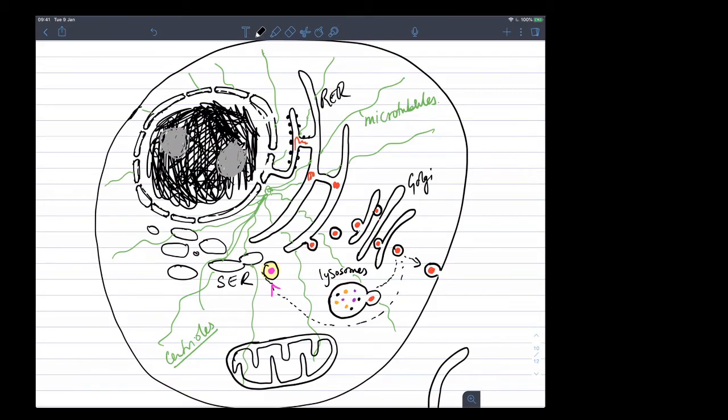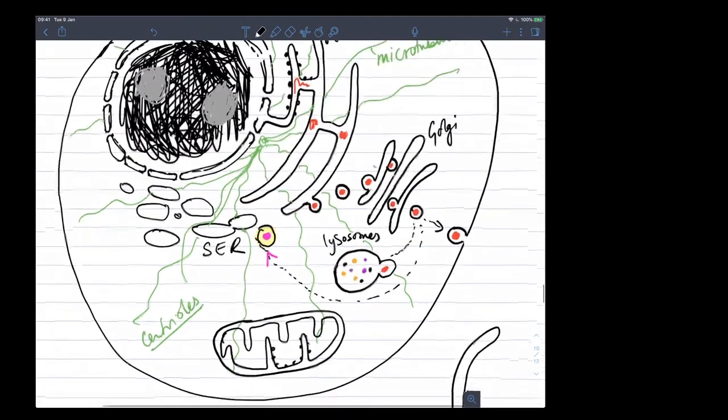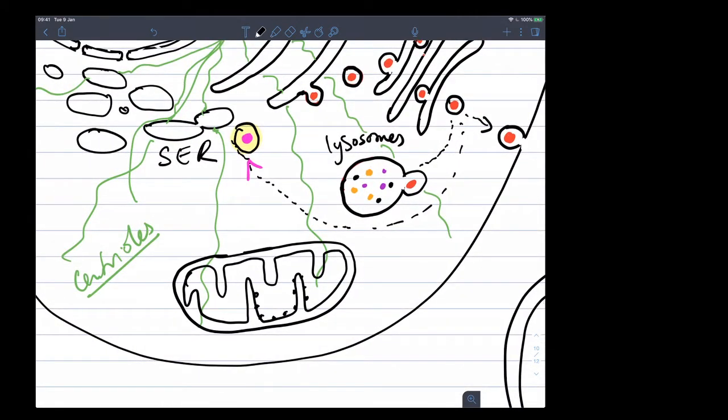And it has these stalked particles visible on the inner membrane, which are not ribosomes, but as year 2 students will know, they are the ATP synthase complex, which is in that inner mitochondrial membrane.